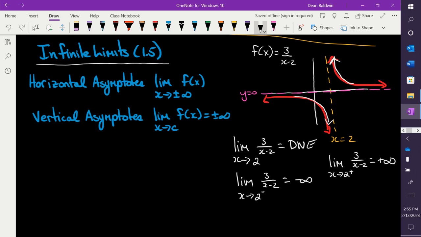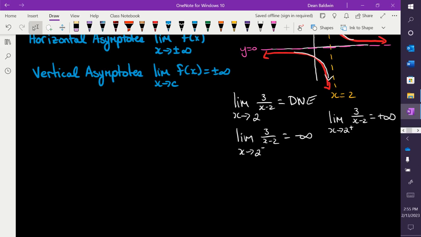If your limit spins up to positive or negative infinity, that is a vertical asymptote. Okay? We always just say what makes the bottom 0, but the actual definition is the limit of the function goes to positive or negative infinity. Either they shoot up or they shoot down. Okay? So how do you figure these out without drawing a graph? That's what we're going to do right now.